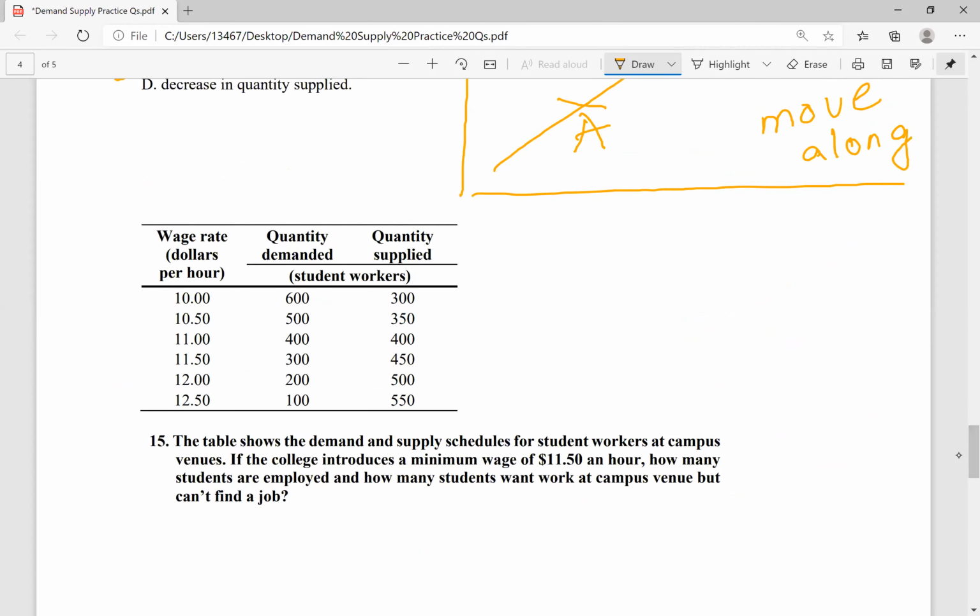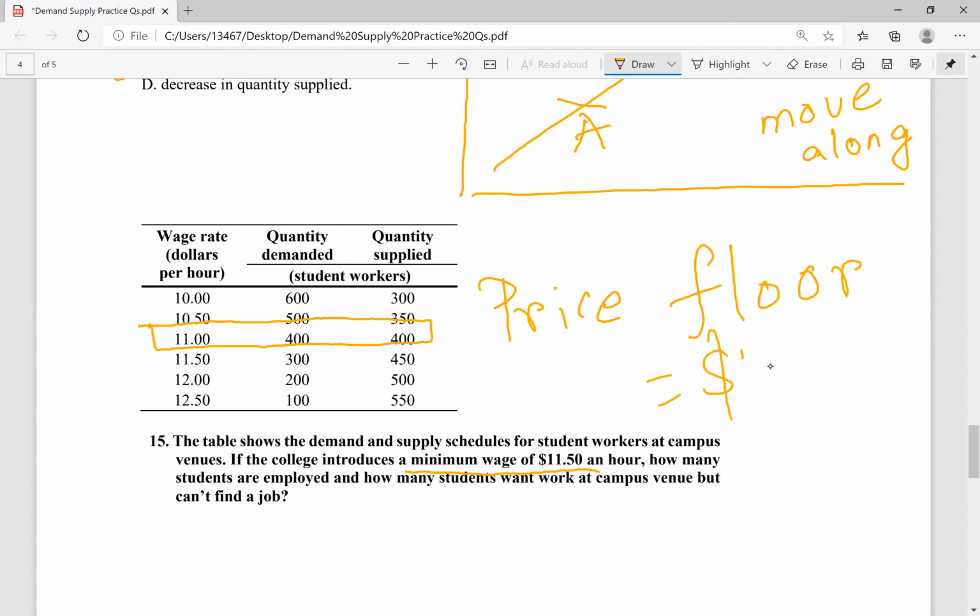Now take a look at question number 15. This is my equilibrium combination, $11, 400 and 400. Now it's asking us, the college introduces the minimum wage of $11.50. That means we are looking at some price floor. And how does the floor in your home or apartment, mine is an apartment, look like?